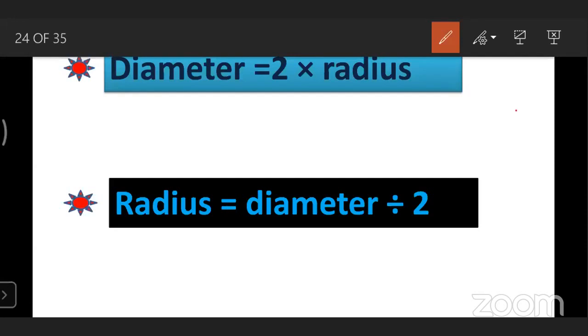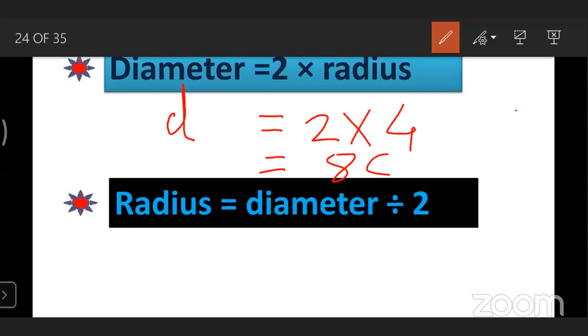Suppose the radius is given as 4 centimeter, then we multiply by 2. 2 multiplied by 4 is 8. So the diameter will be 8 centimeter.